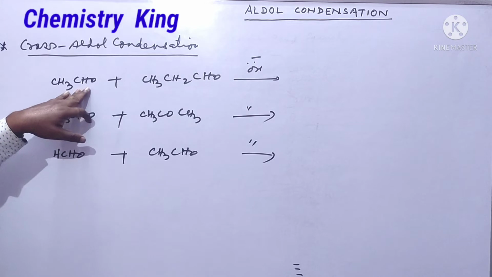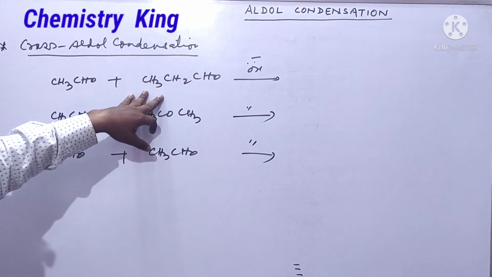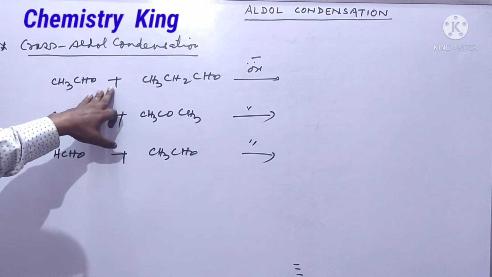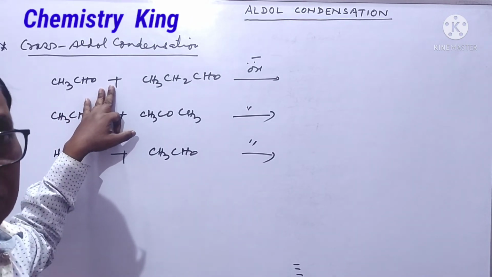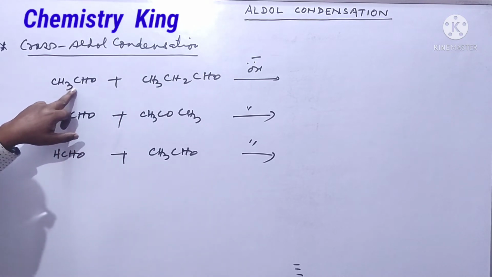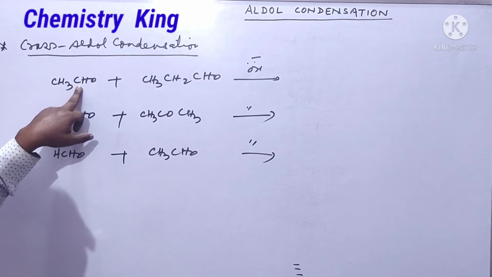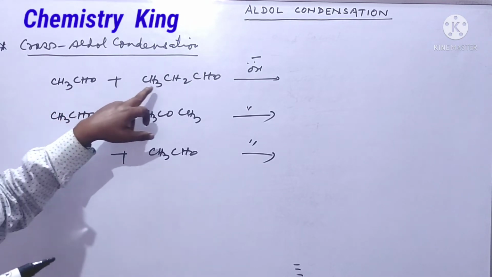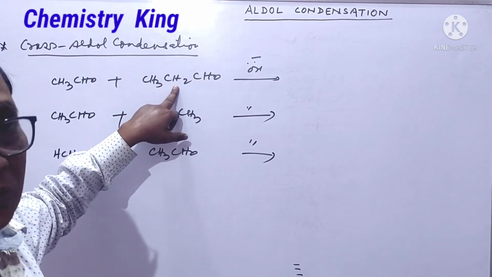Let us see first. It is acetaldehyde, it is propionaldehyde. So, here there may be 4 products. When 2 molecules of acetaldehyde take part in aldol condensation, you will get 1 product. When 2 molecules of propionaldehyde are involved, you will get 1 product.